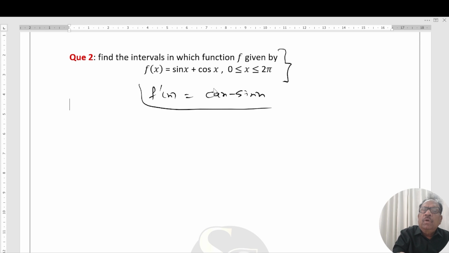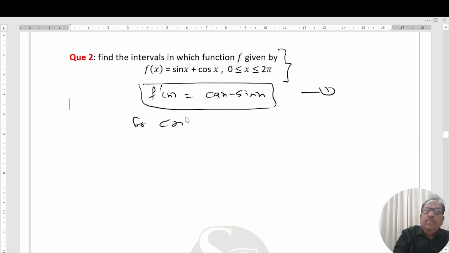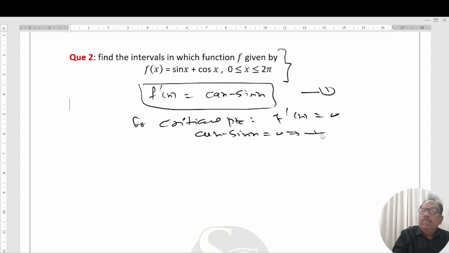This is already in simplified form, right? This is equation 1. For critical points, f dash x equals 0, that is cos x minus sin x equals 0, that is tan x equals 1. Right? Tan x equals 1.